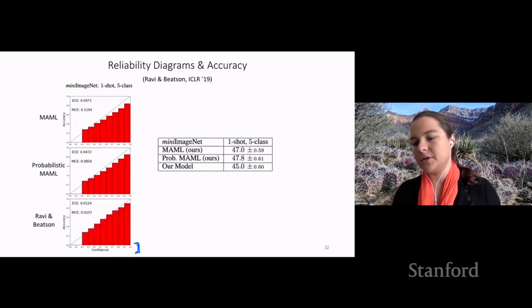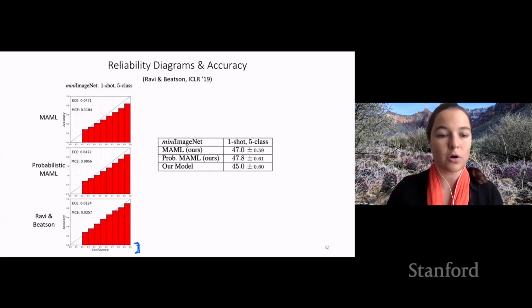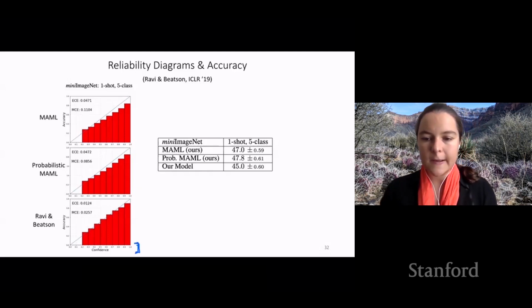And if it is accurately representing model uncertainty, then you would expect this to be more calibrated or more correct, especially for data that's a little bit out of distribution.